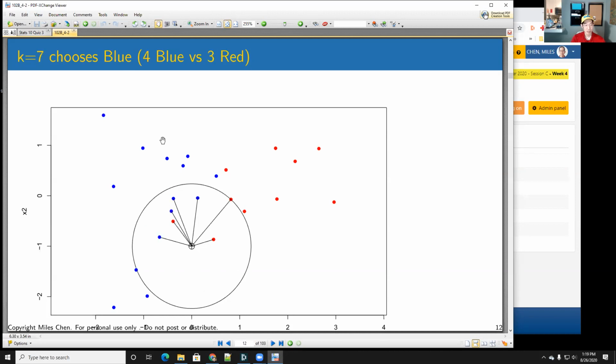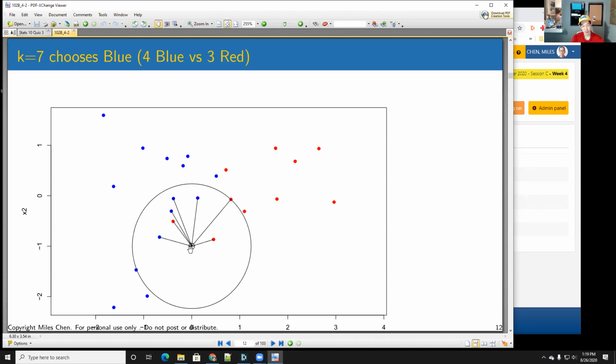Okay, with k equal to 7, these are the 7 nearest points that I have here. The 7th nearest point is this red one. This blue dot comes very close, but is just a little bit farther away than this red dot, so it is not one of the 7 nearest neighbors. Among the 7 nearest neighbors, 4 of them are blue and 3 are red, so this test case is going to get classified as blue.